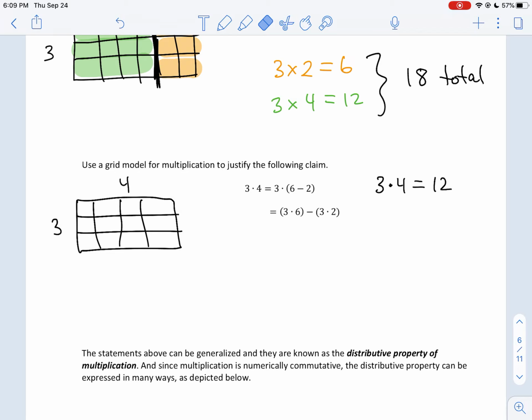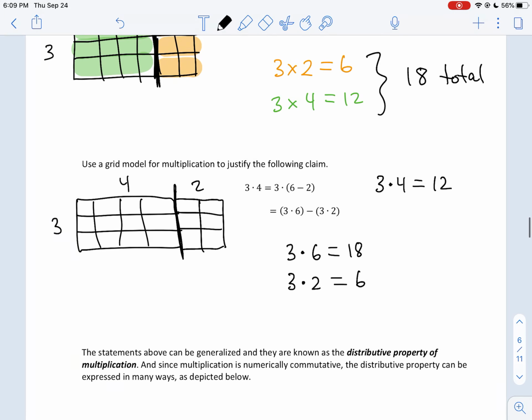And this is claiming that I could do 3 times 6 and then do 3 times 2 separately. So if I tacked on 2 extras, to make a total of 6 columns, remember my goal is to arrive at this amount. But if I begin with 3 times 6, which is 18, I'm going to remove from that 3 times 2, which is 6, and we can say remove the 6 from the 18, and we get 12.